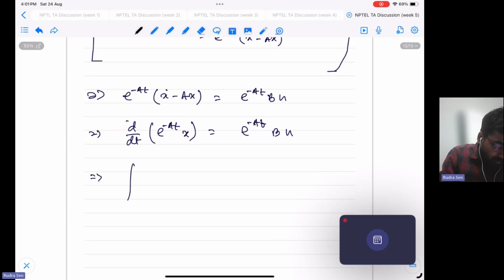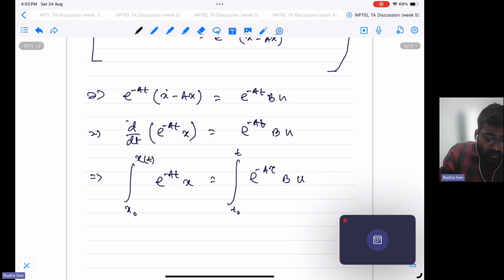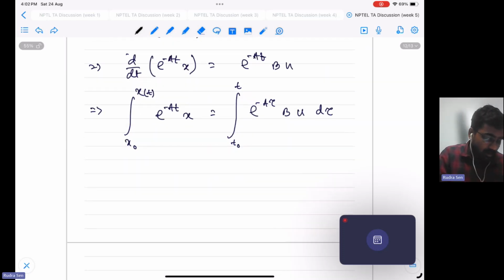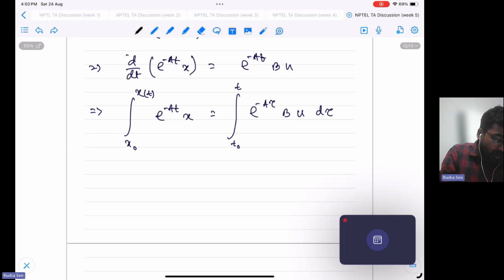Now we integrate both sides. What we get is, on the left, x0 to x of t of e to the power minus At x, and on the right, t0 to t of e to the power minus A tau Bu d tau, right? The e to the power At term is not relevant over here, because I am going to integrate with respect to dx.